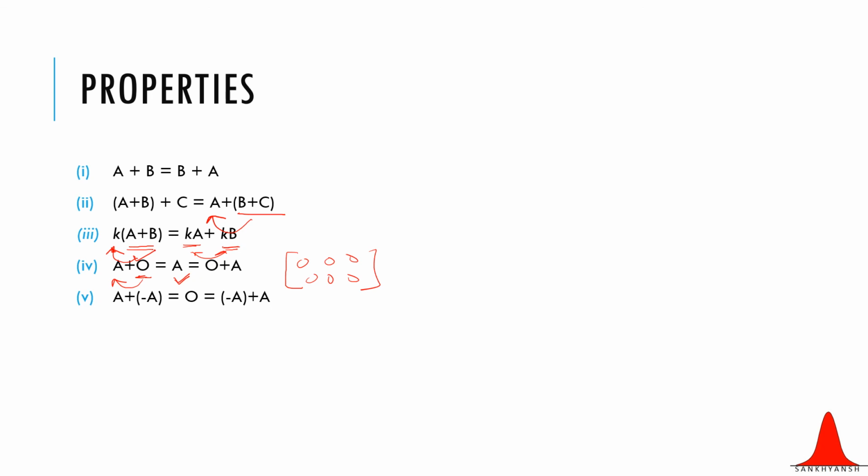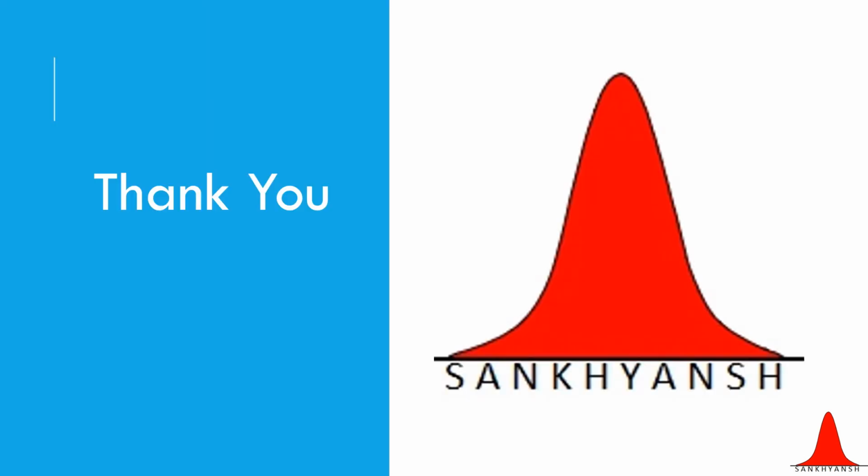And then if you add a matrix to its additive inverse, you'll get the null matrix again. So A plus its additive inverse minus A, you'll get a null matrix. Or if you do minus A plus A, you'll get a null matrix. So this is all about matrix addition and subtraction.